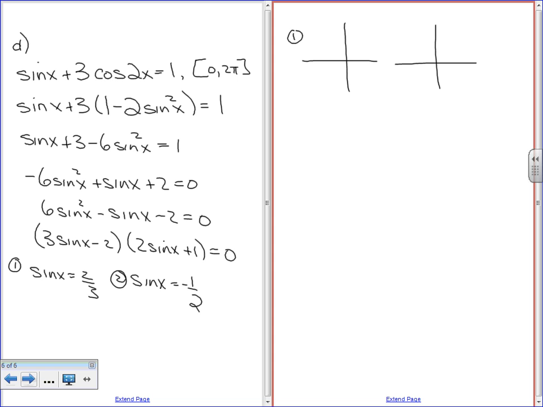Sine ratio is positive in quadrant 1 and in quadrant 2. Determine your related angle. Again, there's that 3, which isn't a side in our special triangle, so we have to use our calculator once again. 2 divided by 3, hit equals, second sine, and I got 0.729, which I'll round off to 0.73.